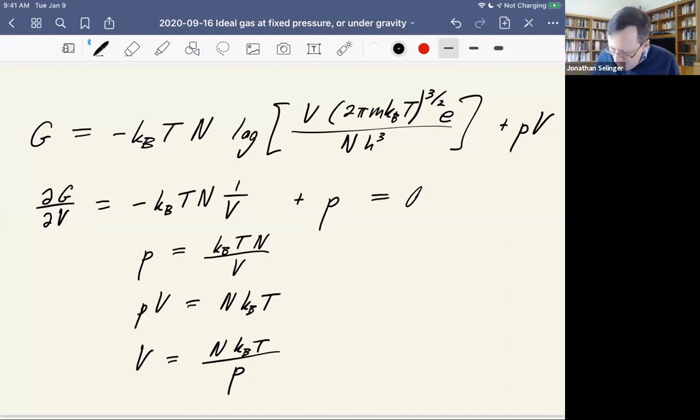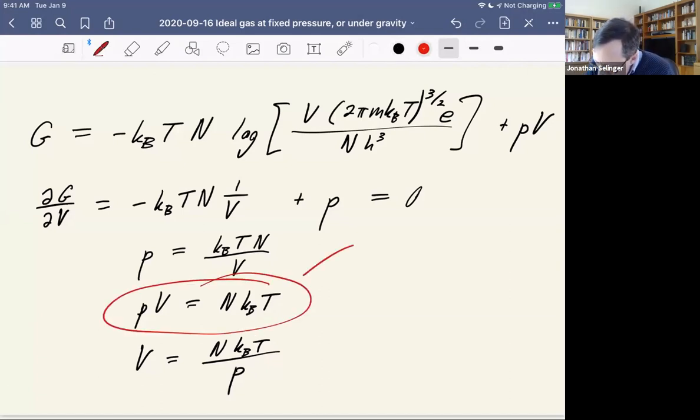This is an equation that might be familiar to you from chemistry classes or other places. Written this way, this is commonly called the ideal gas law.